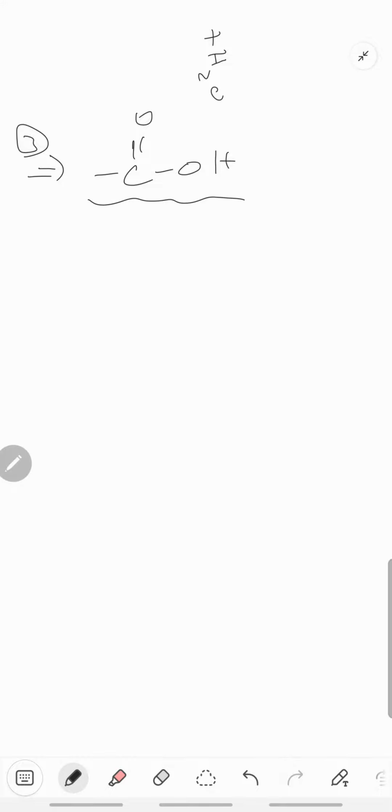Carboxylic acids on reaction with lithium aluminum hydride will be reduced to alcohols.